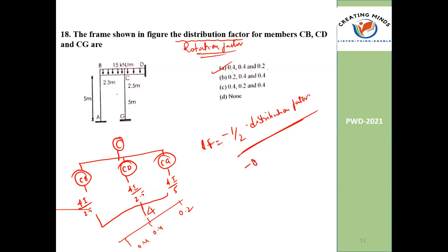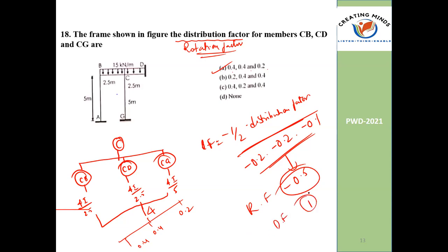So it will become minus 0.2, minus 0.2, minus 0.1. So the summation should be minus 0.5 for rotation factor, and the summation should be 1 for distribution factor. Please keep in your mind: the summation should be unity for distribution factor, and minus half or minus 0.5 for rotation factor.